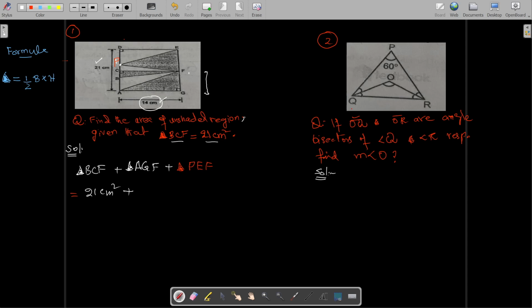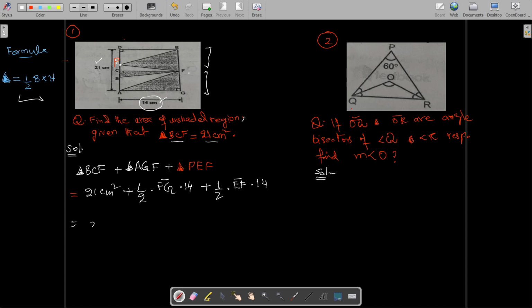By the formula for the area of a triangle, 1 over 2 times base times height, it is 1 over 2 times FG times 14, plus the area of triangle PEF. The base of PEF is EF, so its area is 1 over 2 times EF times the same height, 14 centimeters.